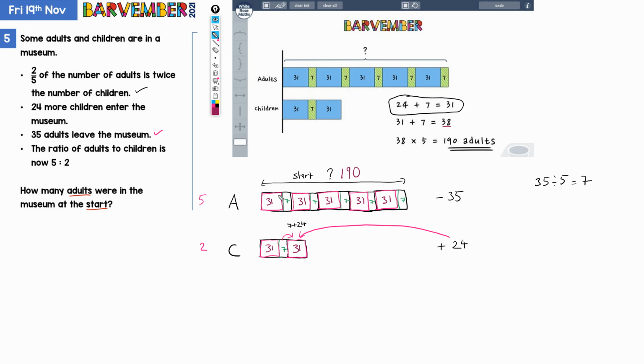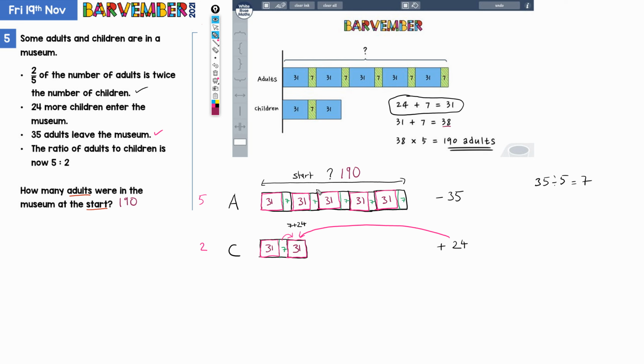And of course, what we could have done is 31 times 5, which would give us 155, and then add in the 35, which again obviously would give us 190. So that's our answer, and that's how I believe White Rose Maths went about it.